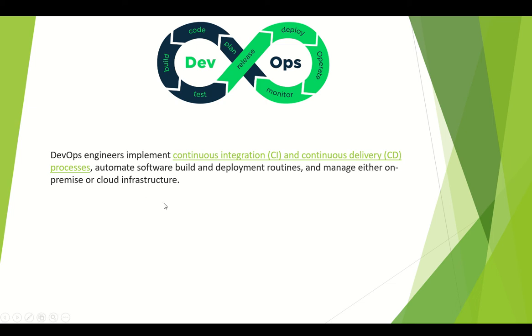A DevOps engineer implements the CI/CD process, automates software build and deployment routines, and manages either on-prem or cloud infrastructure. So what is on-premise, or on-prem as we also call it? On-premise is nothing but your own data center, your own servers.